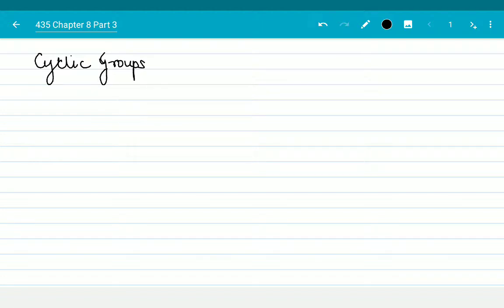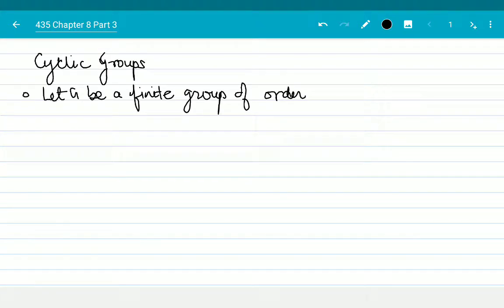So let G be a finite group of order M. Wait, so far we have been using M, so I'm just going to go with M. Written multiplicatively. Okay.